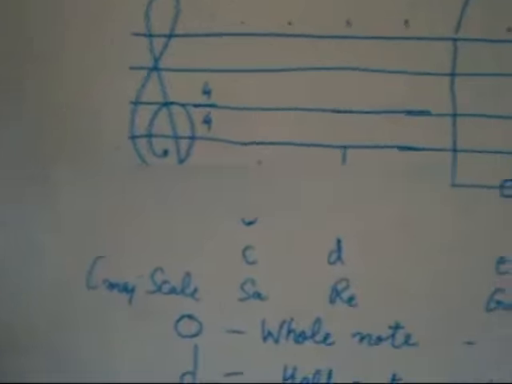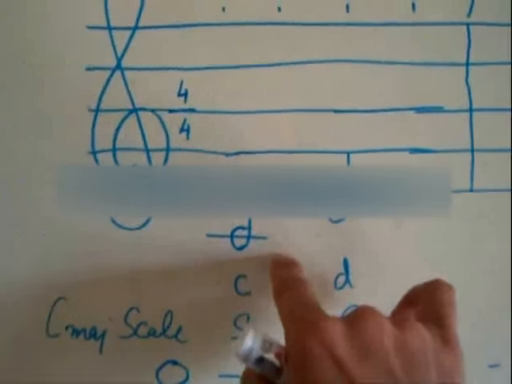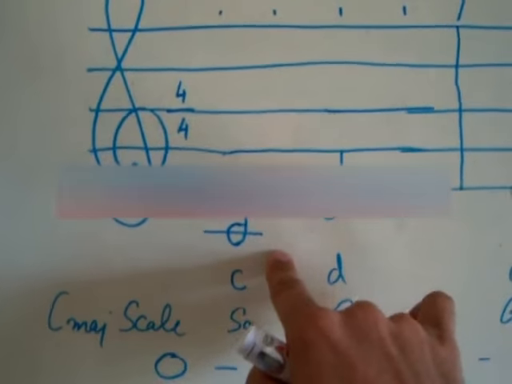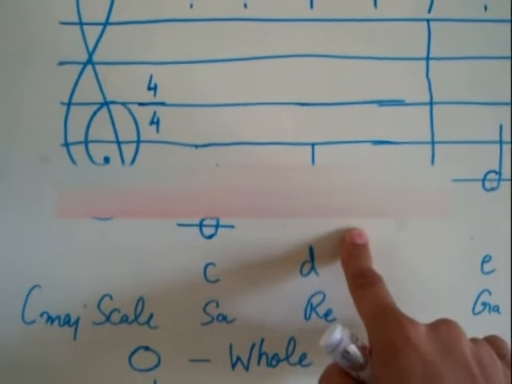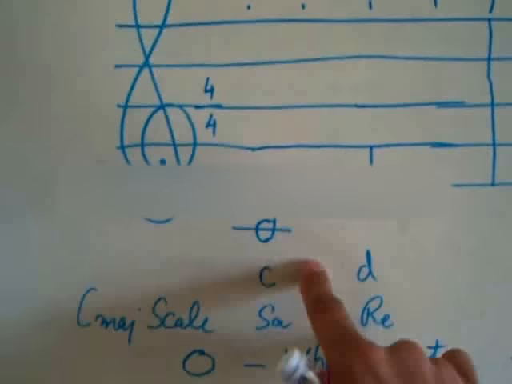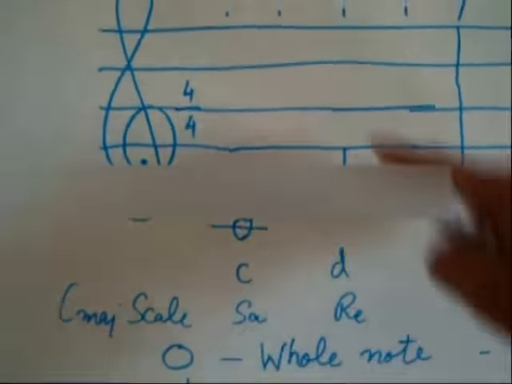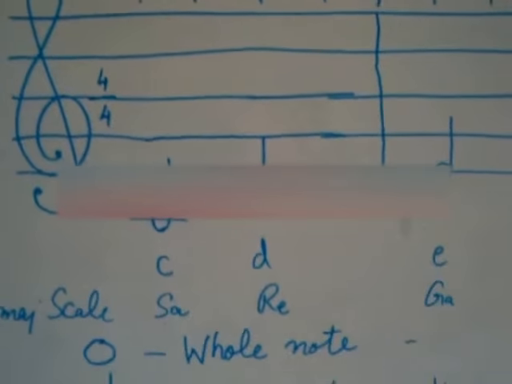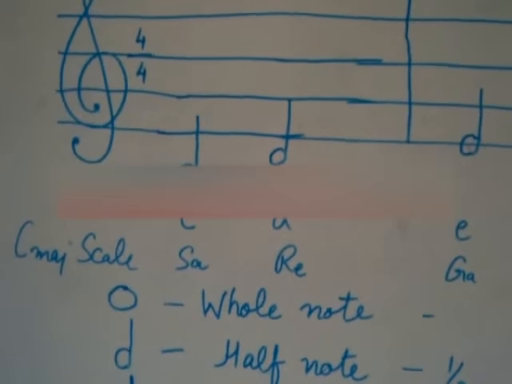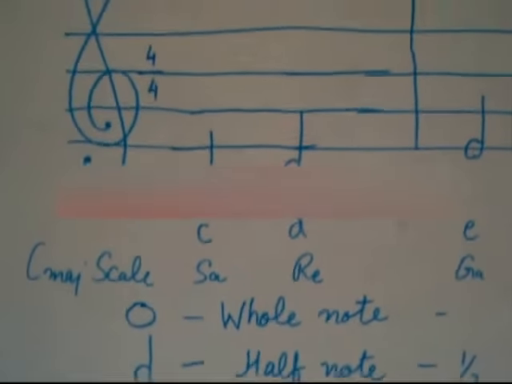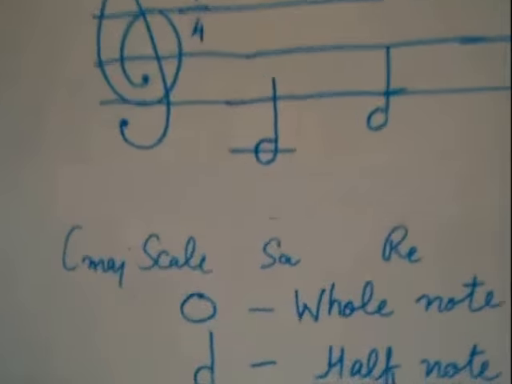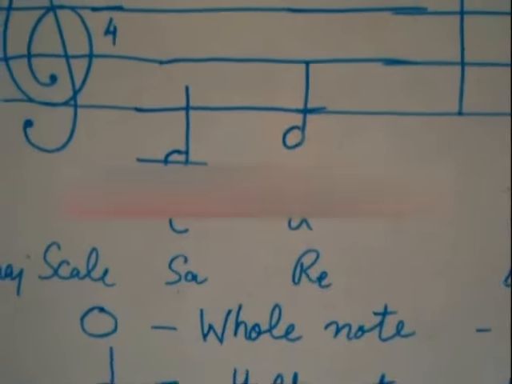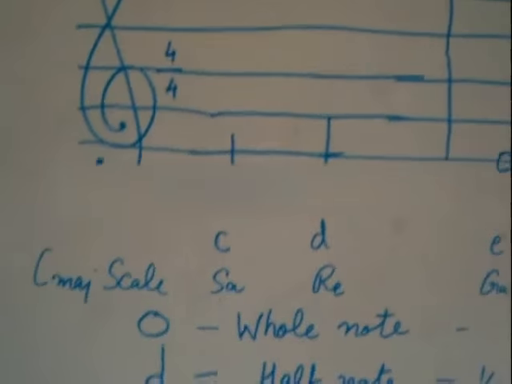So these are half notes, and again if you add these 2 notes, 1/2 plus 1/2, it will again come to your 4/4. Correct? Okay, now what's happened?